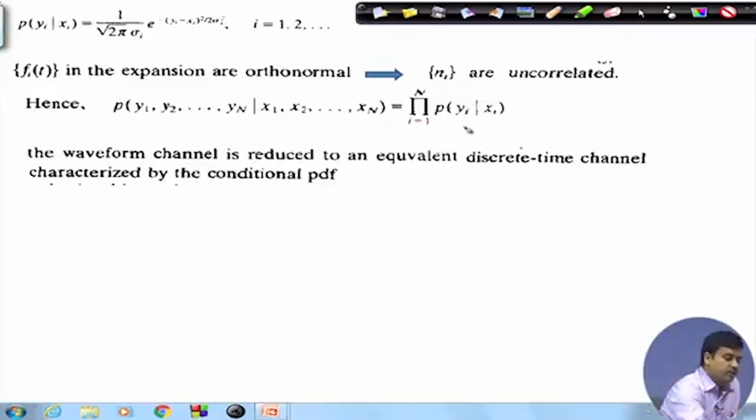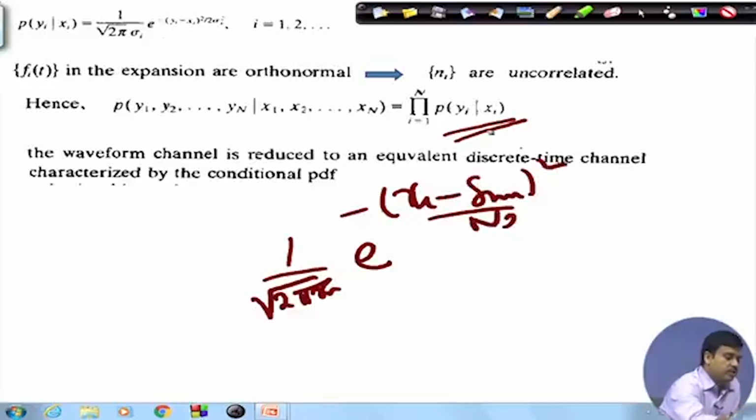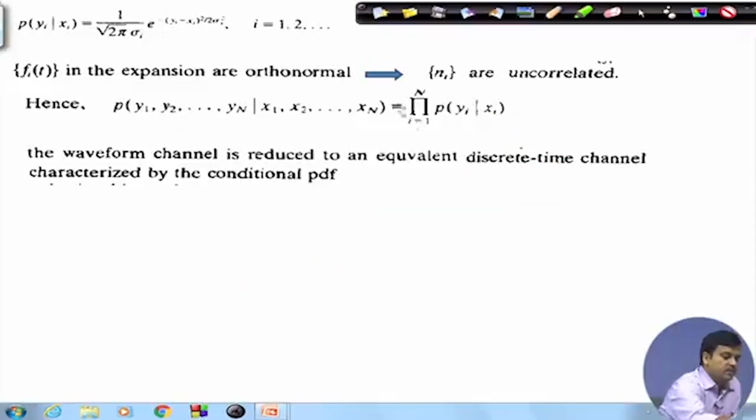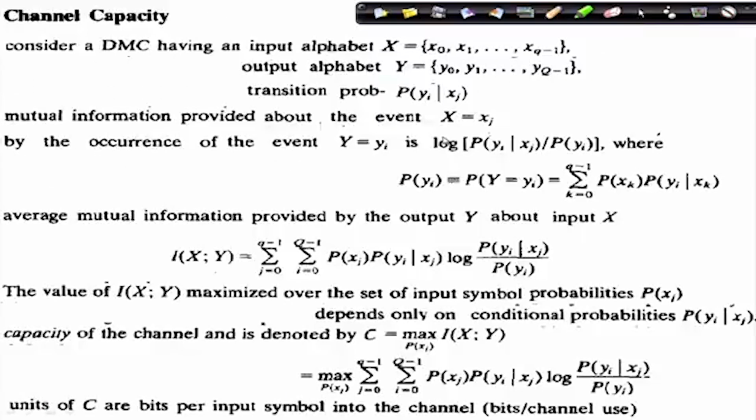Since we know this expression already, 1 over root 2 pi sigma_n e to the power of minus (r_k - s_mk)^2 by N_0, this is what we use. Now you are going to use all these corresponding expressions, get a product of them, and hence you will be able to compute the necessary things.